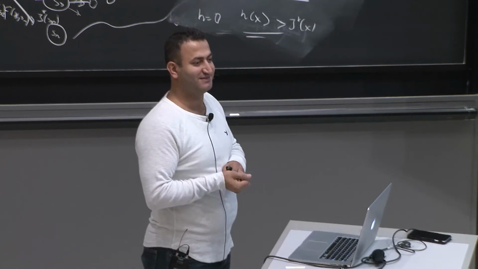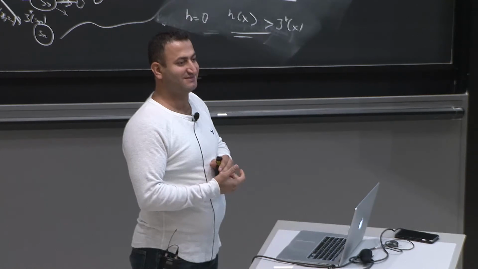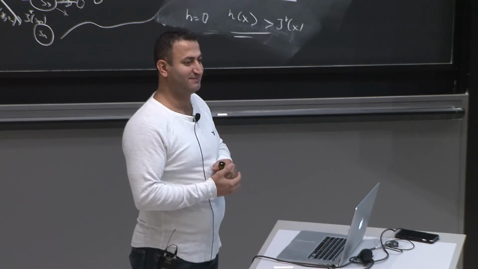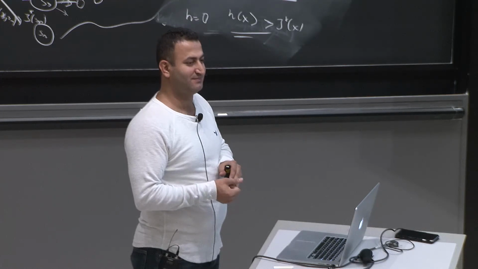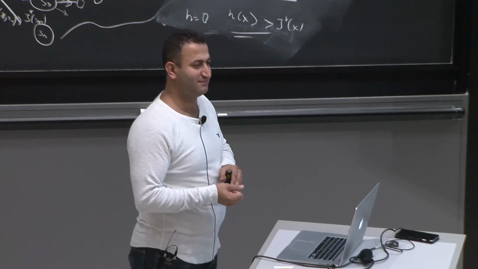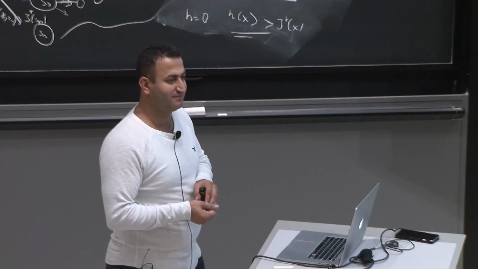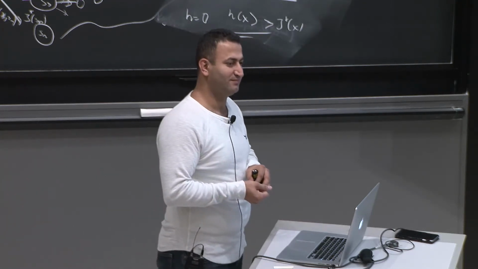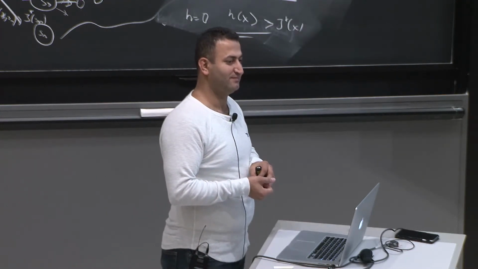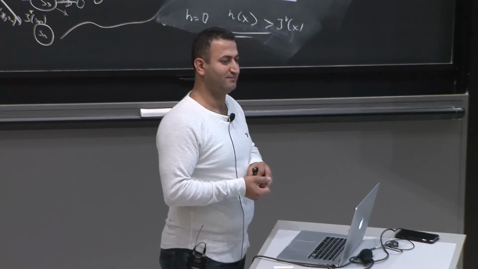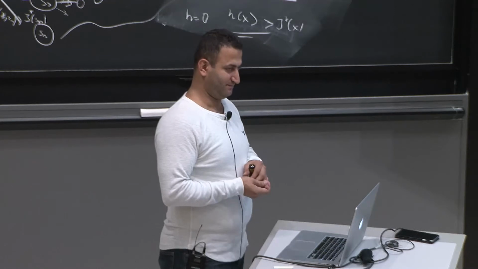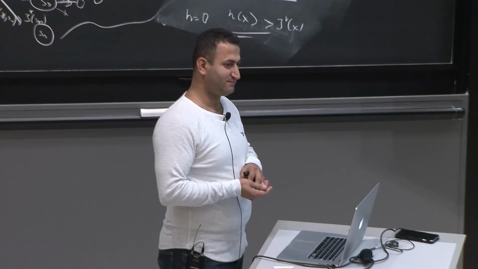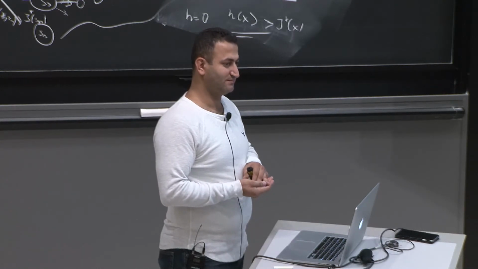Yes? I was wondering, what are the factors that you take into account to determine the amount of vertices, like how fine the grid is? That must affect how well the algorithms work.